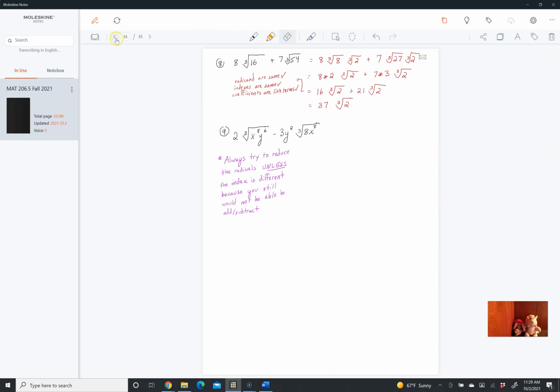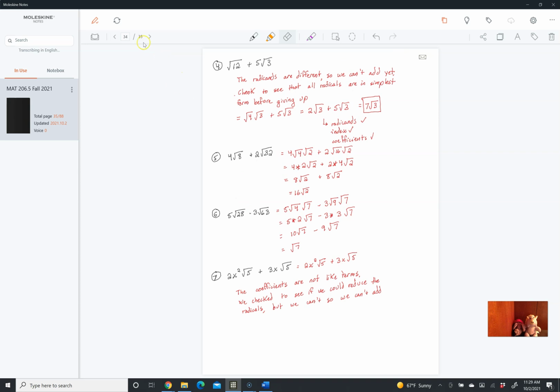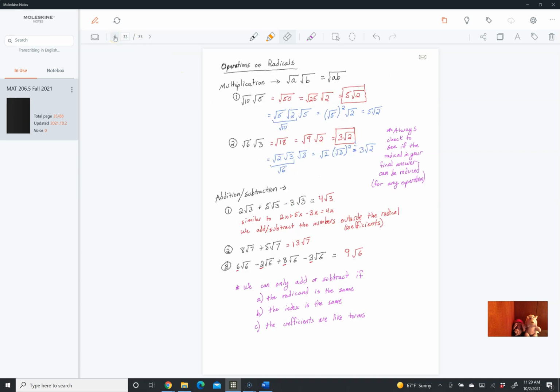Your indexes are the same here. So if we go back to here, notice your indexes are the same. If one is a 2 and the other is a 3, you can't use this distribution property.